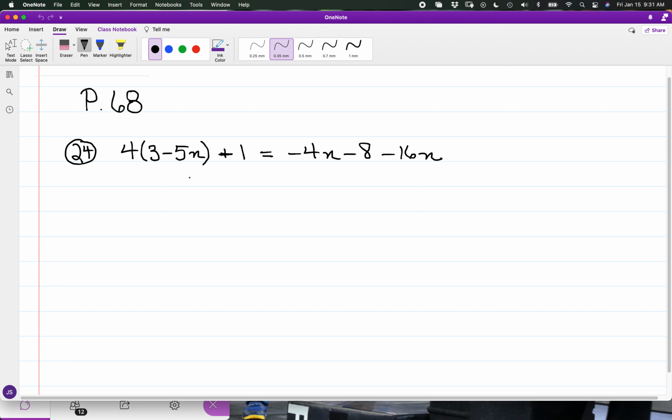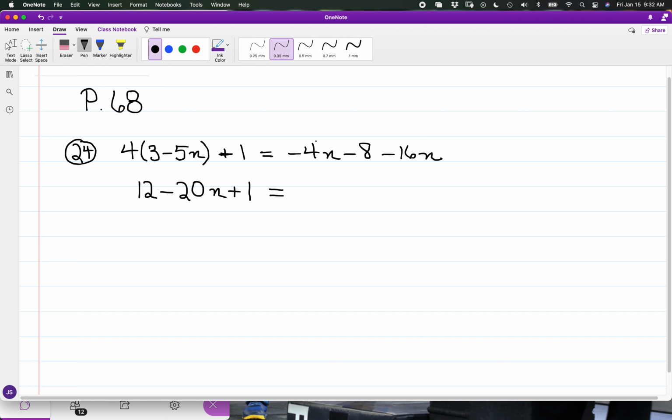16n. And in following through, if I go ahead and distribute 4 over what we have in parentheses, we're going to have 12 minus 20n plus 1. And to the right, I can go ahead and combine the variable terms.